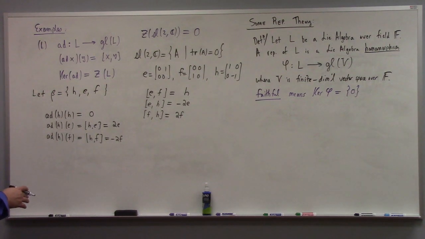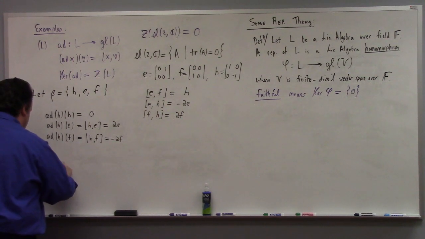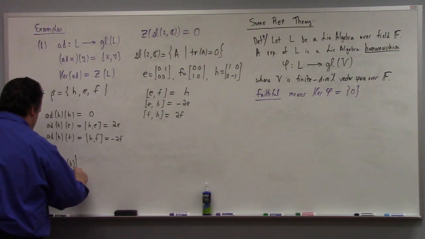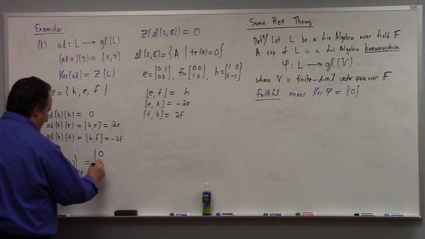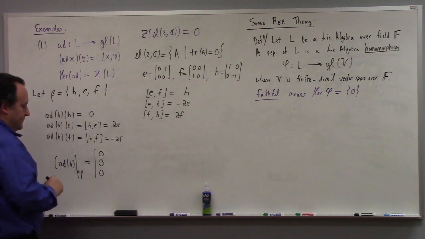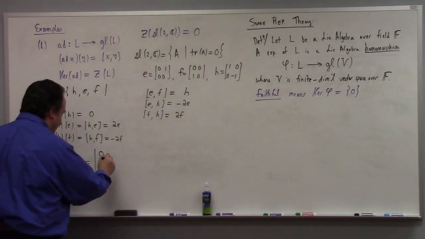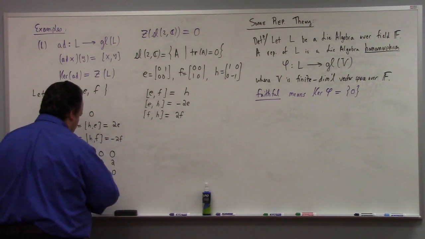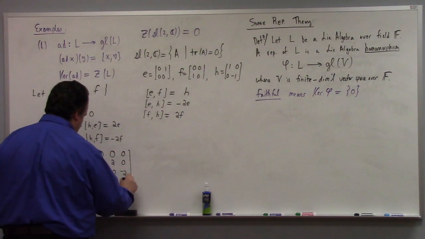Okay, good. So from this, I can see that the matrix of the adjoint of H with respect to this basis is equal to 0, and then my second column, I got 2E, which is 0, 2, 0, and then I got an F, which is 0, 0, minus 2.